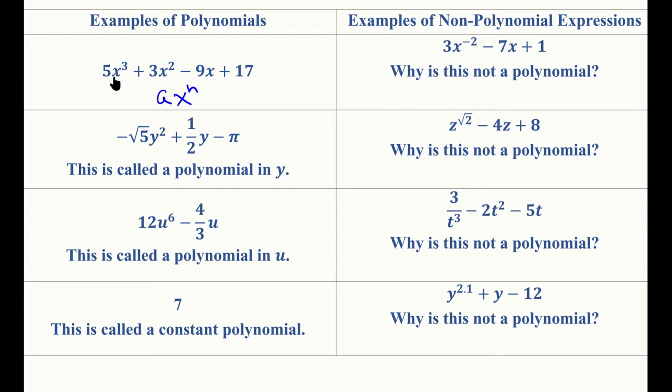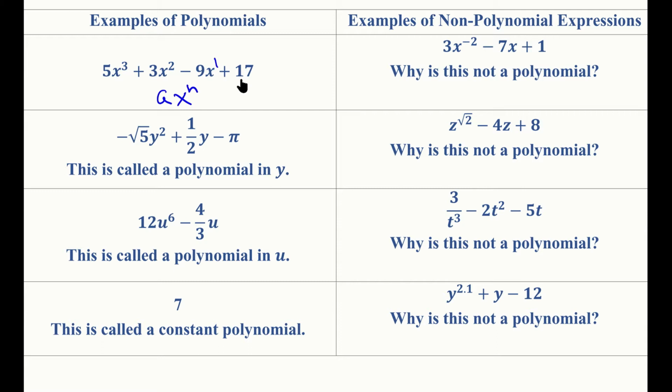Now, that's not hard to see for how each of these 3 terms satisfies that requirement, because of course 5, 3, and -9 are real numbers, and the exponents are 3, 2, and of course the exponent here when we write nothing is a 1. So that's also fine because all 3 of those are whole numbers.